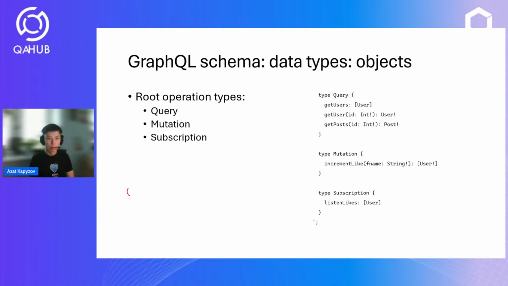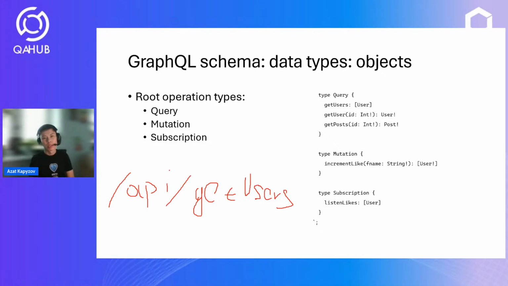Let me use my pen: API slash get users. It would be in your URL, get users, right? So it's your endpoint that you would use in REST API. Here we define it in type query in GraphQL, and we create this list of, let's say, endpoints.